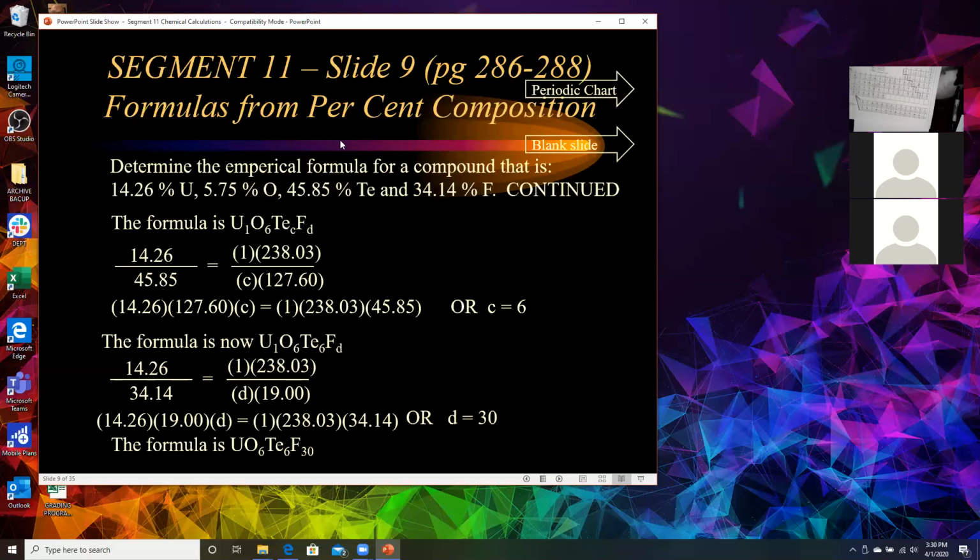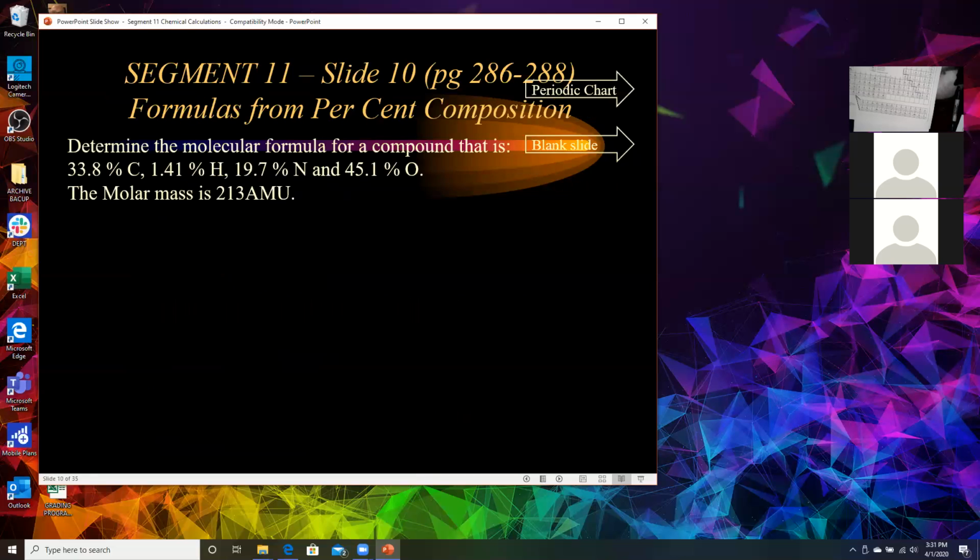We can do it very quickly and get to an answer. Now, the final product is UOTEF56. And I just happened to run across that compound in a textbook once, and I thought, hey, this would be a good one to use as an example in how to do formulas from percent composition.